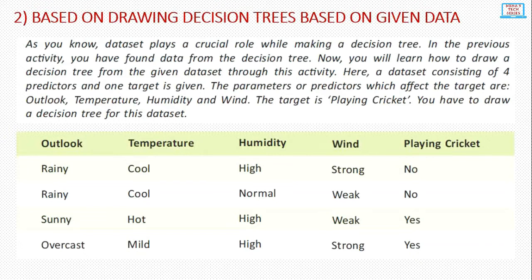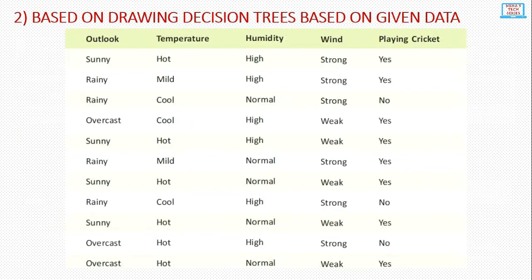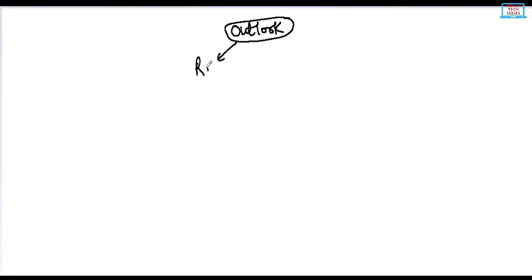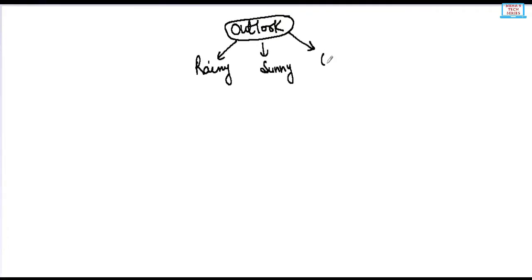Outlook parameter. How many options are given over here? So one is rainy, one is sunny, one is overcast. So 3 outlooks are given over here. In outlook we are having 3 outlooks. So the outlook is rainy, sunny and overcast.